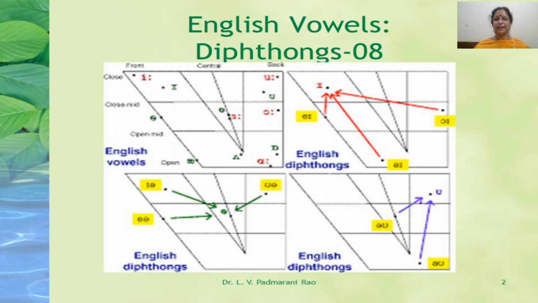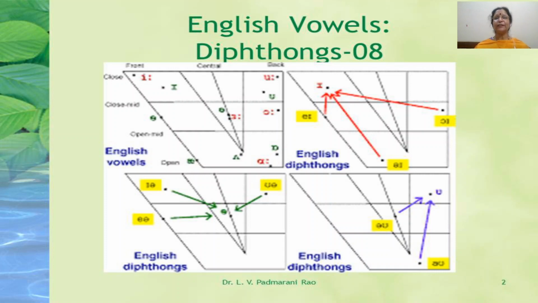And if you look into the same diagram, the second glide, you could find that the glide begins with a, which is the back position, unrounded, between half open and open, and moves towards oo. Could you make it? So that should be pronounced as, open your mouth now, ow. The first sound was oh. The next sound was ow.